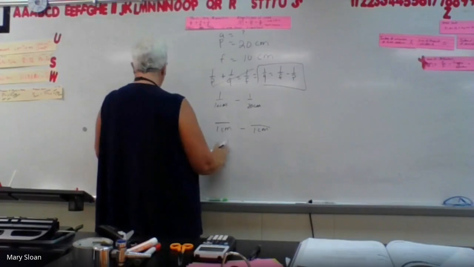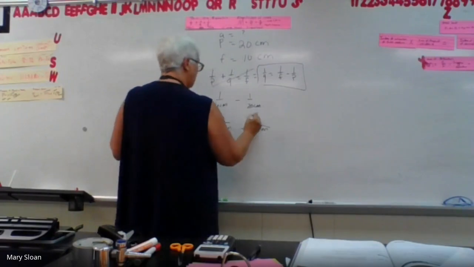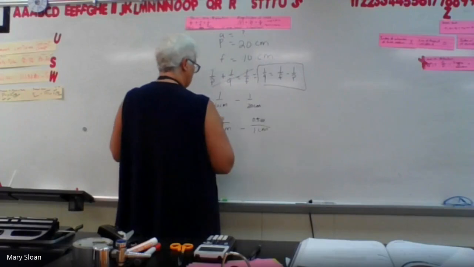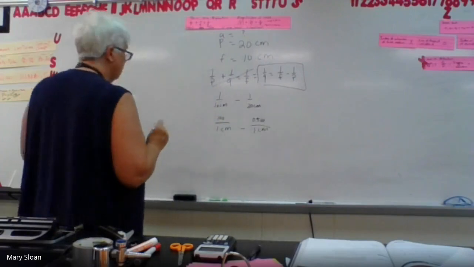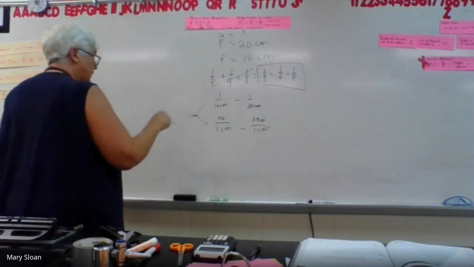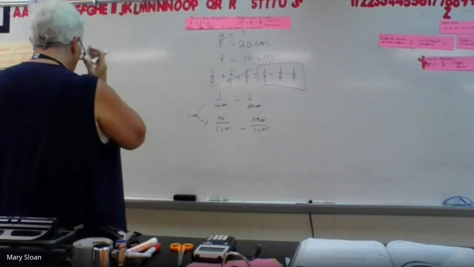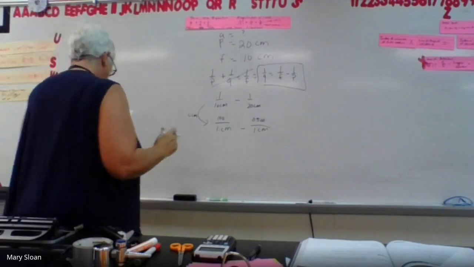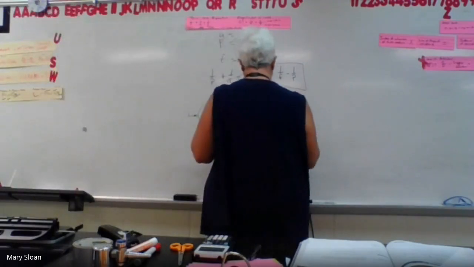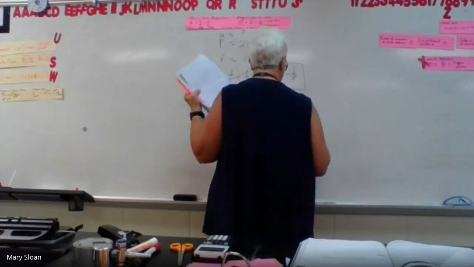So my fraction here is 0.100, and this one is 0.050. I'm just trying to find the least common multiple, and I went through and did my math for that. Once we do that, the answer that I got was 0.0500 over 1 centimeter.